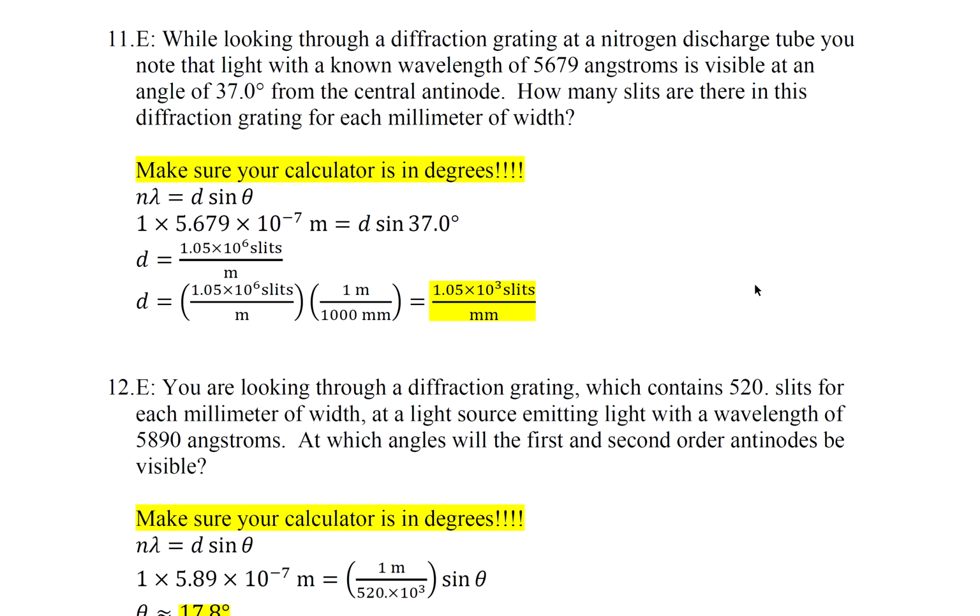Question 11. While looking through a diffraction grating at a nitrogen discharge tube, you note that light with a known wavelength of 5679 angstroms is visible at an angle of 37 degrees from the central antinode. How many slits are there in this diffraction grating for each millimeter of width? So we're going to solve for d here.